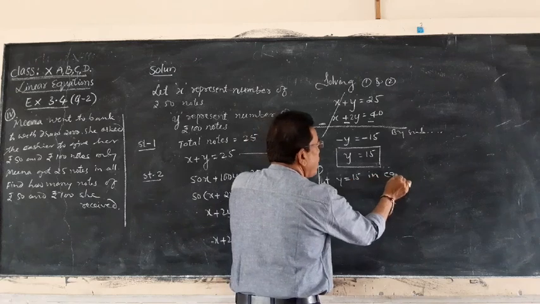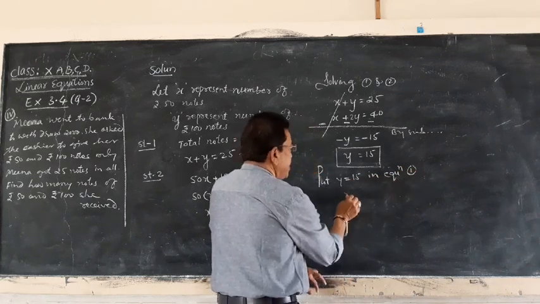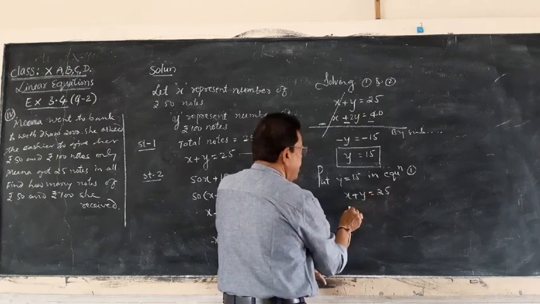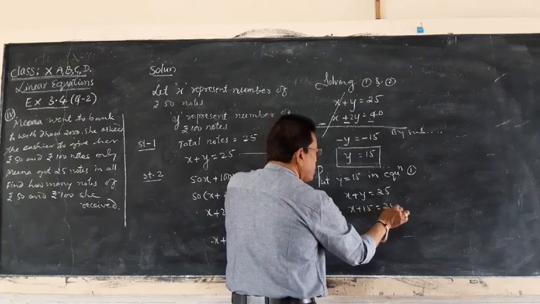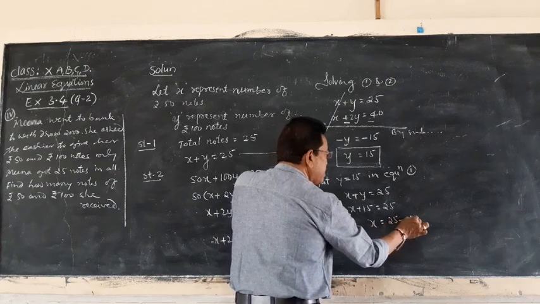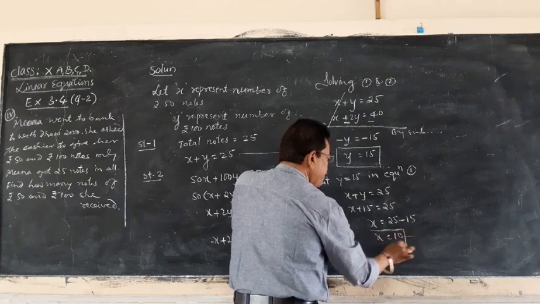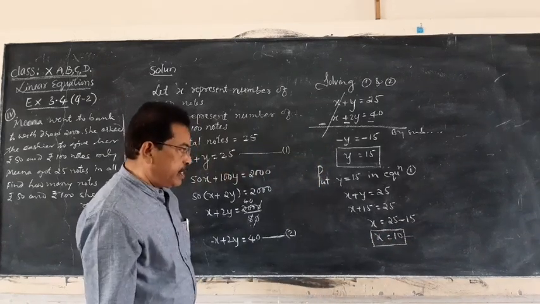Put y equals 15 in equation 1. That is x plus y equals 25. Then x plus 15 equals 25. x equals 25 minus 15. x equals 10. What does it mean?